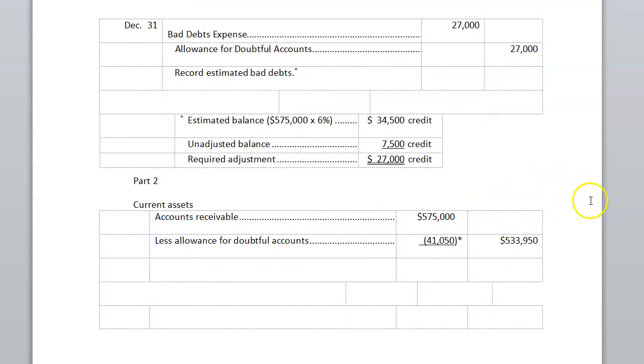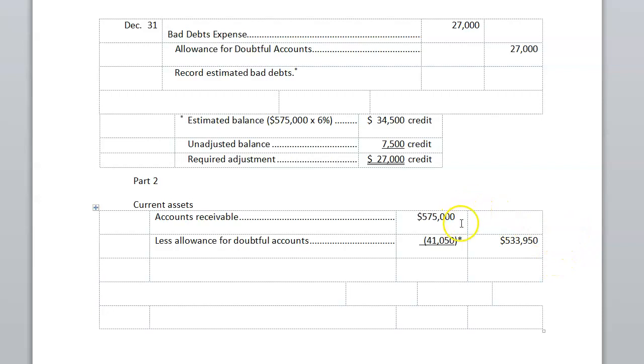Now, if we wanted to show that on the balance sheet, it would be in the current assets section. We would have the accounts receivable balance. We would subtract the allowance for doubtful accounts after the adjusting journal entry. And it's going to give us this number. This would be for the first example that we looked at above.